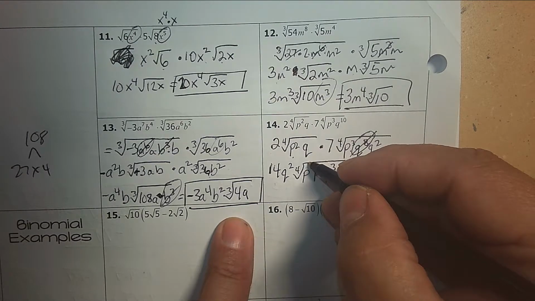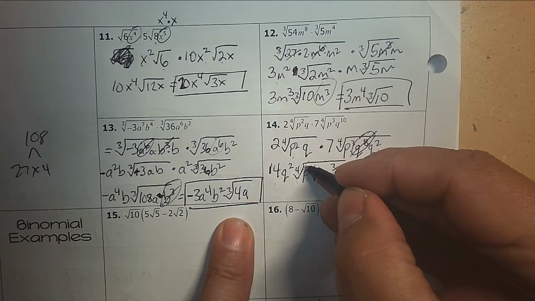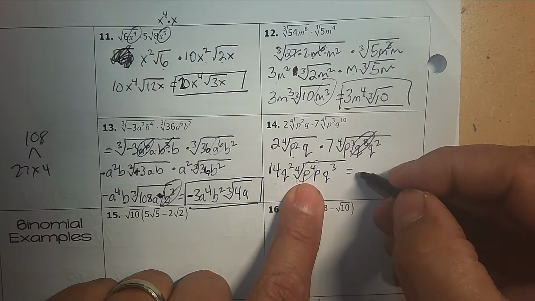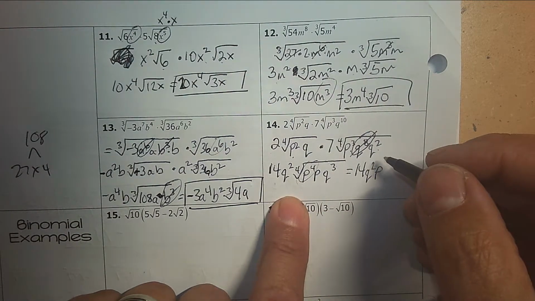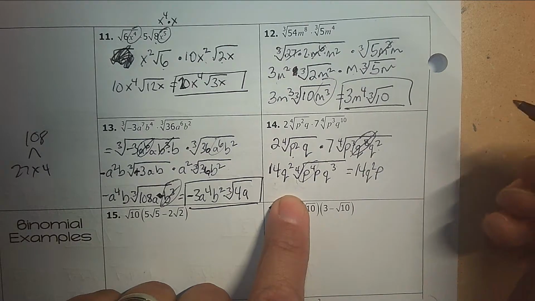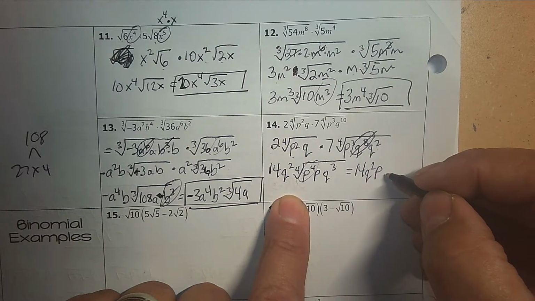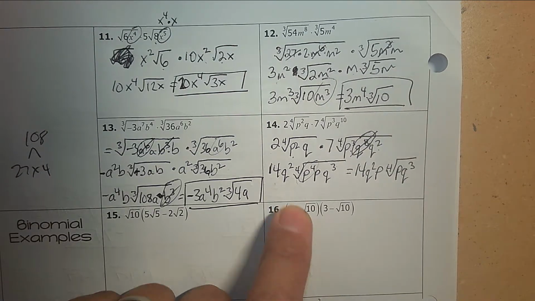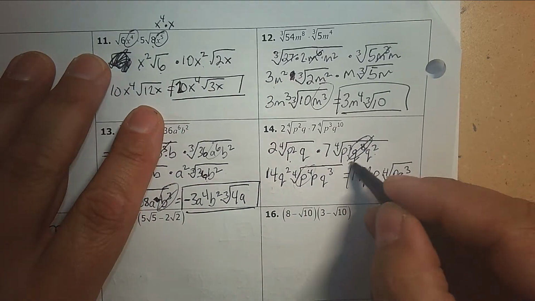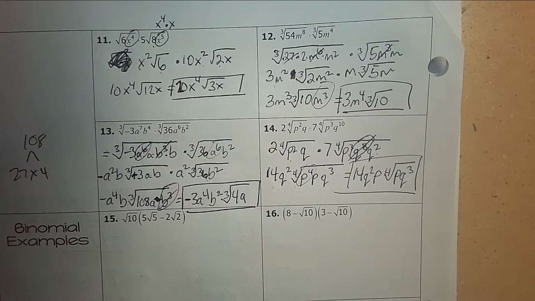So p to the 4th and the 4th root of p, that's just p. I think that's it. What's left underneath is the 4th root of pq cubed. This is patience, isn't it, to get through that and know your times tables and exponent rules.